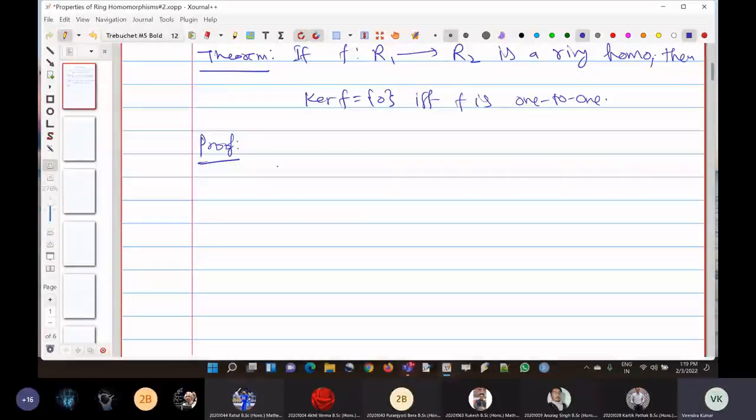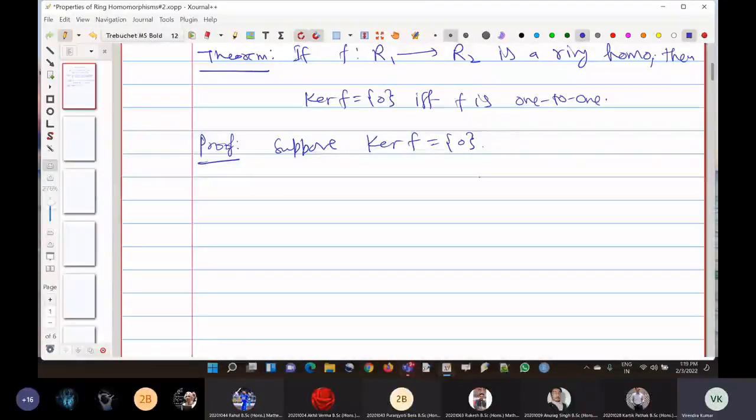First the necessary condition. Suppose kernel of f is only one element, that is 0. Then we need to prove that f is 1-1.